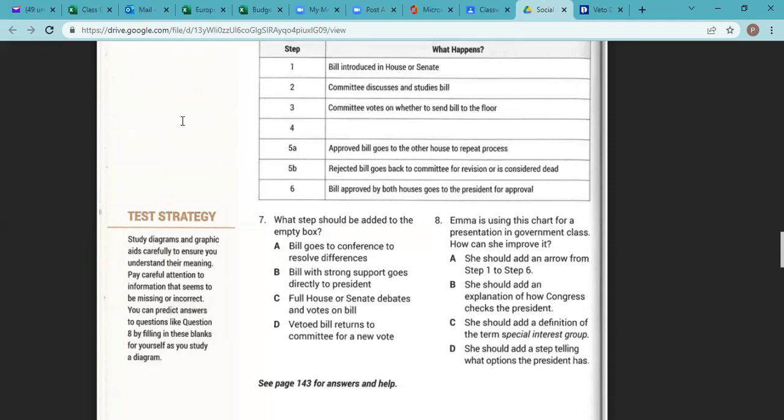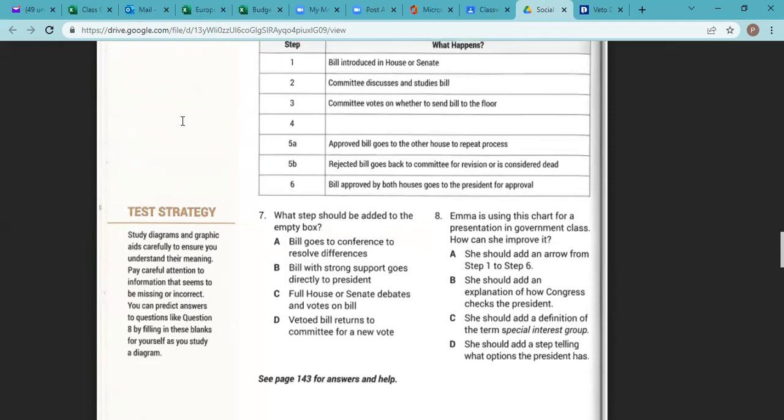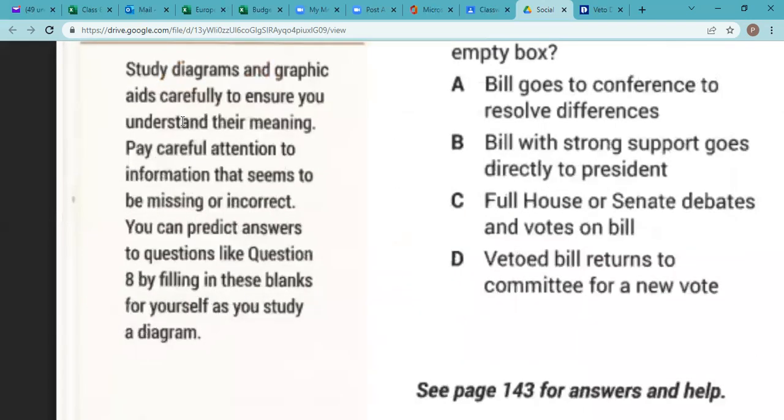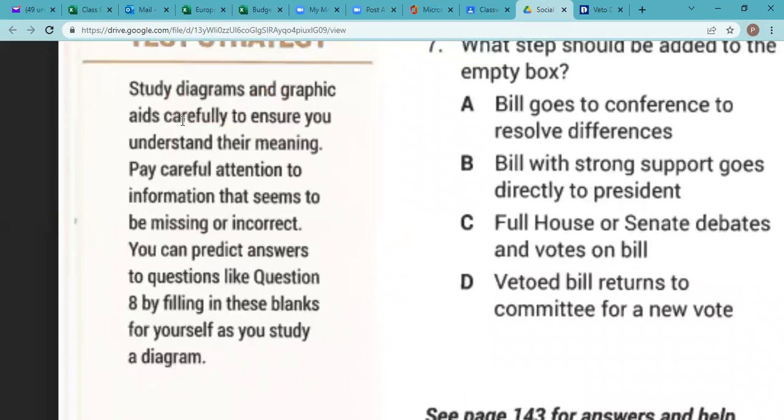Okay, over here to the left where it says test strategy, it says here, study diagrams and graphic aids carefully to ensure that you understand their meaning. Pay careful attention to information that seems to be missing or incorrect.